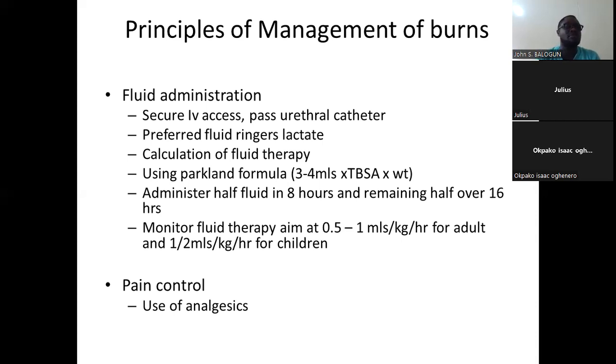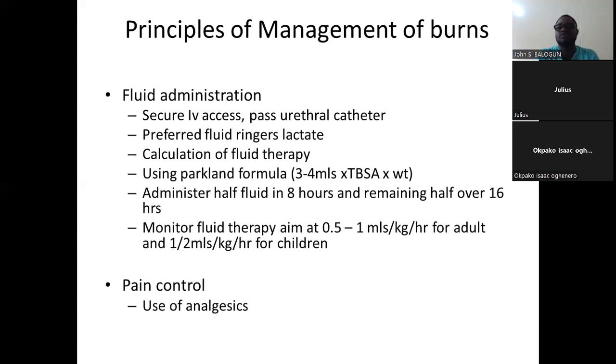Sometimes this may become very tricky. They will not give you the total burn surface area; they will allow you to calculate it. They will tell you that the patient sustained a burn to the entire upper limb, the entire lower limb, and the abdomen, and the patient weight is 70 kg.